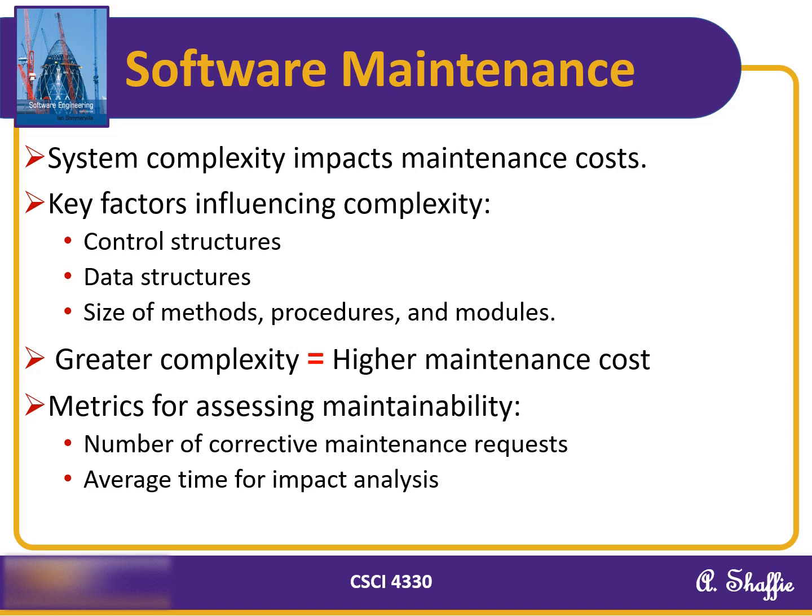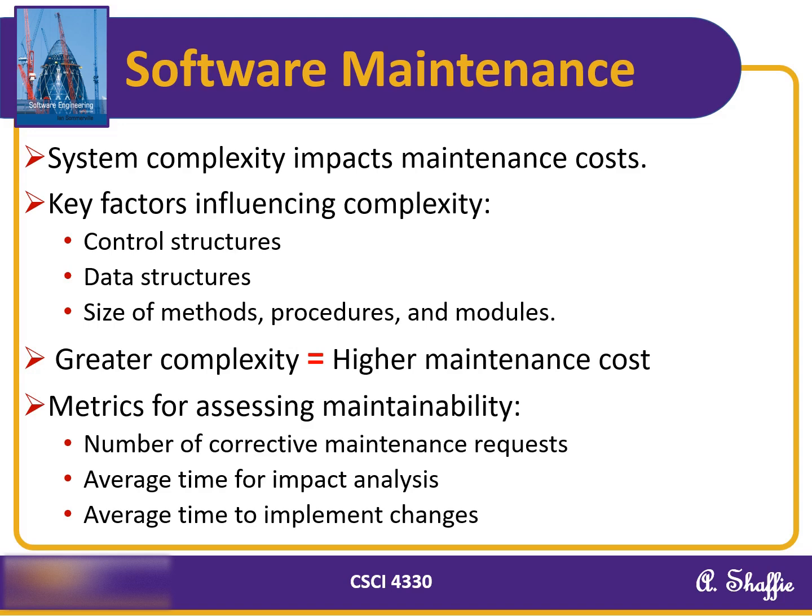This measures how many components are affected by a change request and how long it takes to evaluate them. The average time taken to implement a change request. If this time grows, it may indicate rising complexity. I can think also about the number of change requests. A high number could mean frequent issues impacting the system's maintainability.